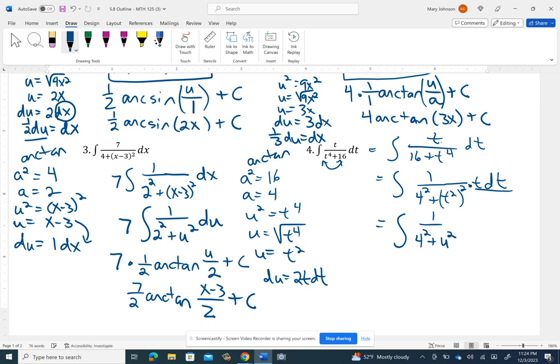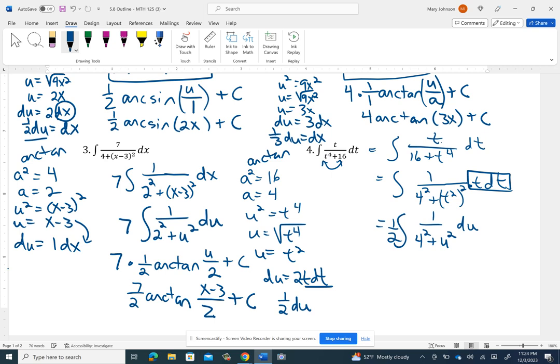And then see the t dt? That means I need to get rid of that too. So t dt would be the same as 1/2 du. So let me get a 1/2 du in there. And let's go ahead and put that 1/2 out in front while we're working on that. So now we have it looking like the formula, and we're ready to do it.